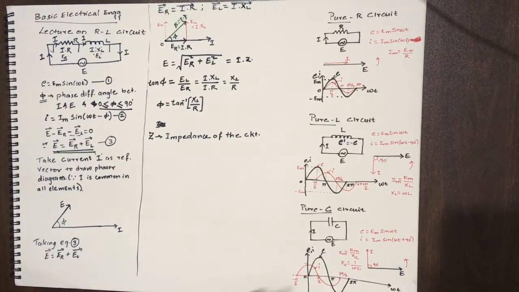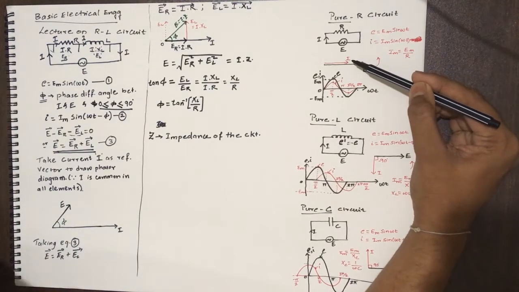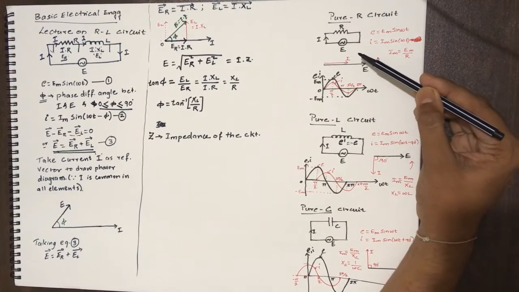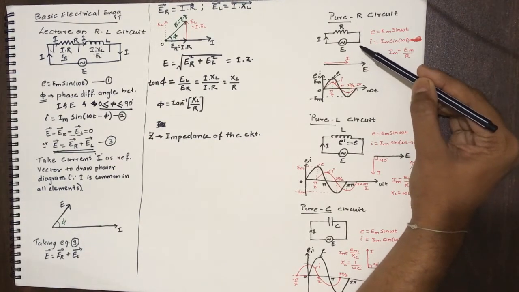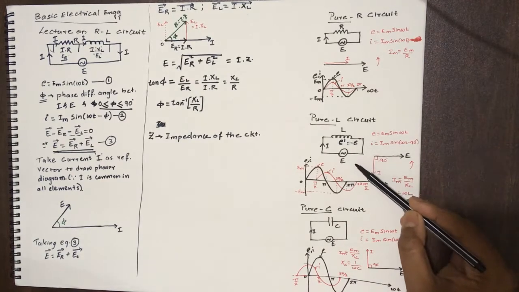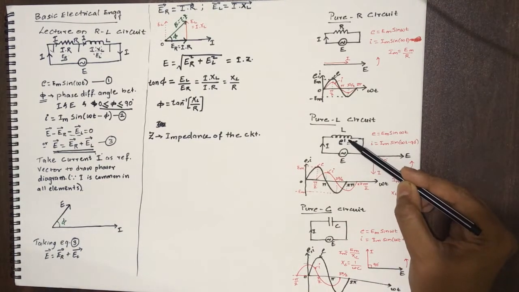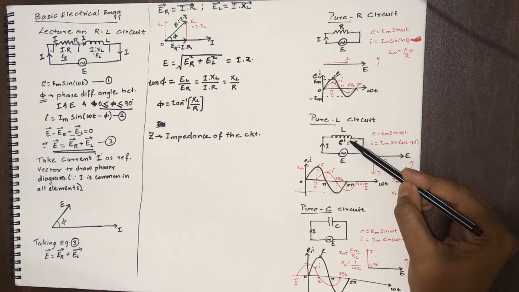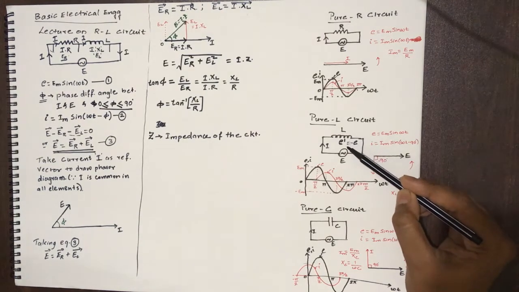Meanwhile, we know from the previous discussion about the pure circuits that the entire power given from the source to the resistive component, in a pure resistance circuit, is dissipated in the form of heat. The entire input power given from the source to the inductive element is stored in the form of electromagnetic energy. No power dissipation occurs in a pure inductive circuit.